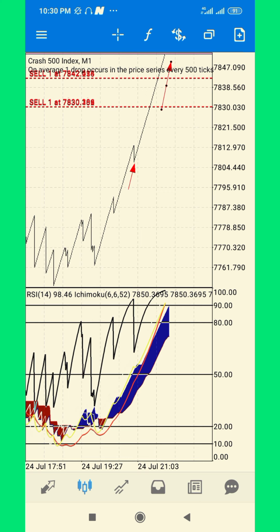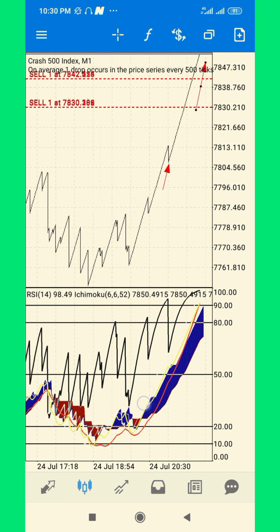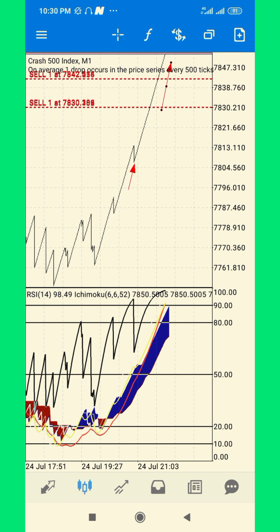One of those indicators is your RSI, which is sometimes very specific and very accurate. Another one is your Ichimoku, and then the 2 moving averages, the moving average 10 and the moving average 50.